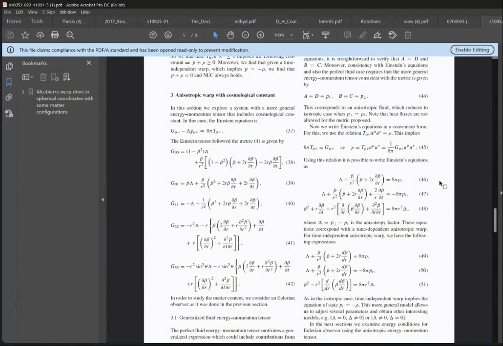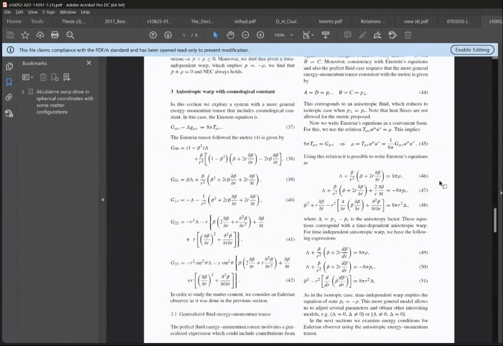We want to figure out how the matter content will look if we have different pressures. And we decided to go in a very nice way, which is to propose a generalized energy momentum tensor. This is just a general fluid.